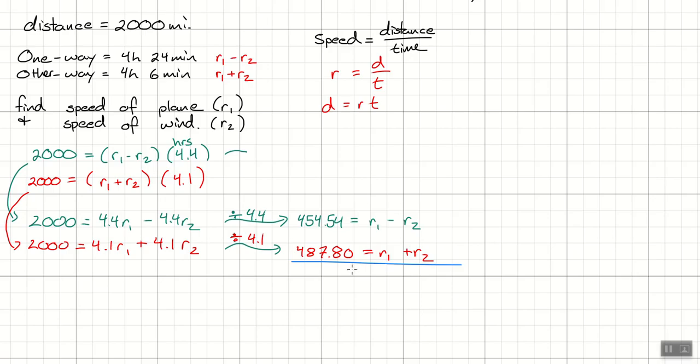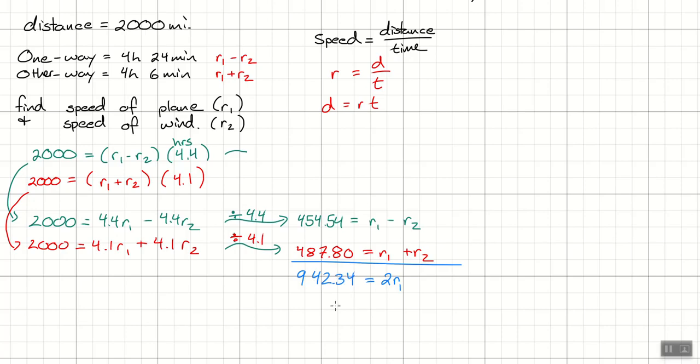Why is this just so awesome currently? Oh, my R2s. They're gone. Somebody with a calculator, I need you one more time. We get 2R1 on the right side. I do not know what this turns out to be, though. What is it? 932? 942. Cool.